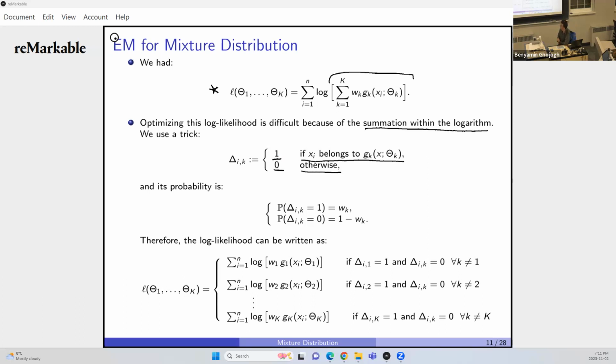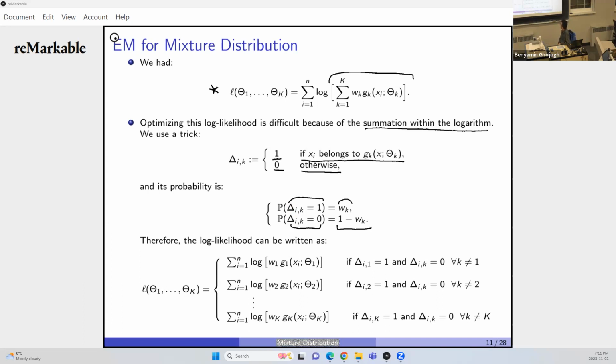Otherwise, it's 0. Understand? Now the probability that delta ik is 1 is wk, the weights, right? The probability that delta ik is 0 is 1 minus wk. Of course, these two should sum to 1 because delta ik is either 0 or 1.